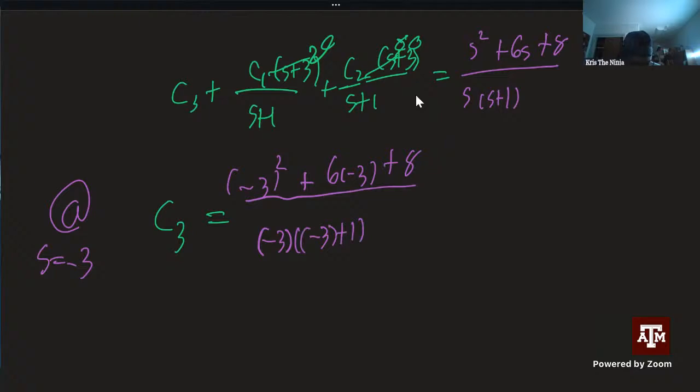So minus 3 squared, you get 9 minus 18 plus 8, over negative 3 plus 1 would give you negative 2 times negative 3 is now 6.